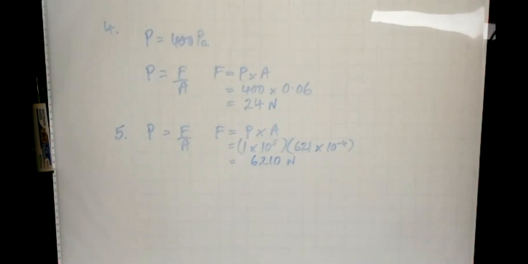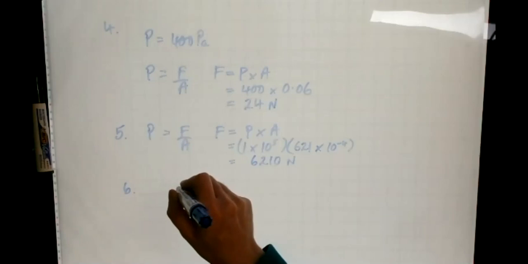Okay, next question. The pressure at any point on one side of a disc of radius 10 centimeters is 500 Pascal.